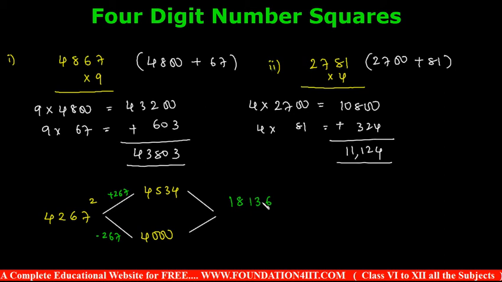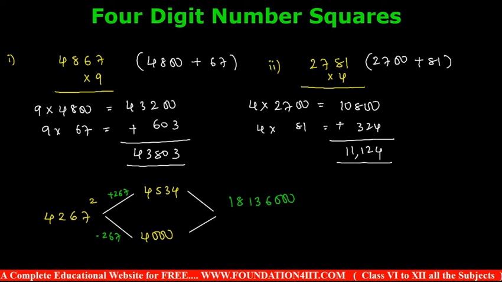There are 3 zeros extra, so it is 4,534 into 4,000. You keep the zeros attached. Up to here, 4,534 into 4 is 18,136, and because of the 3 zeros we kept, it becomes 18,136,000.